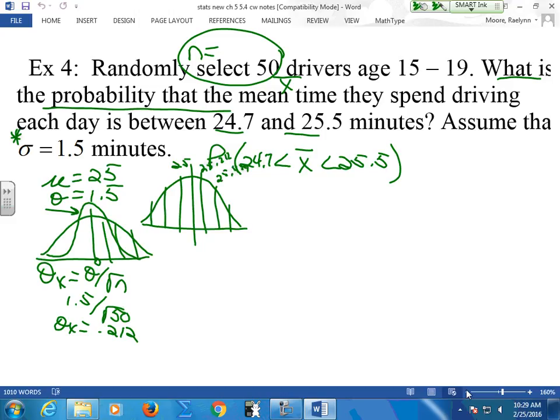So we need to be between 24.7 and 25.5. Go high enough so that you get to see where you're going to. 6 something rather. So somewhere right in here. And somewhere right, take this one down. 24.7 something. So it's somewhere over here. So we're doing this area in here.